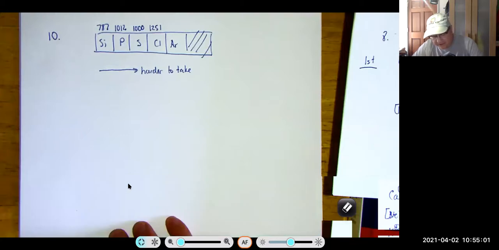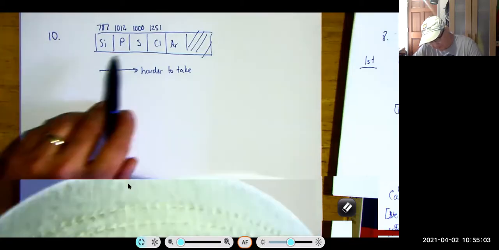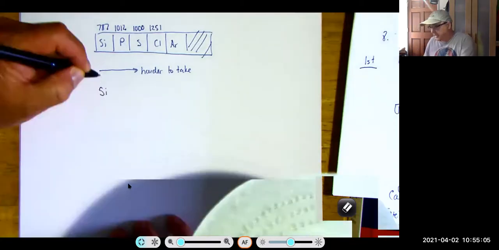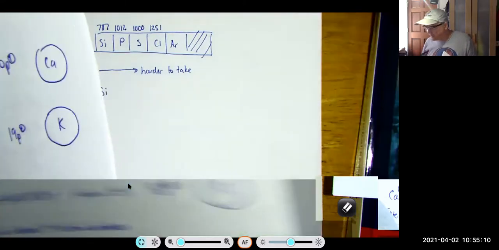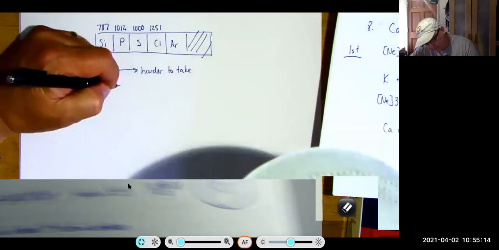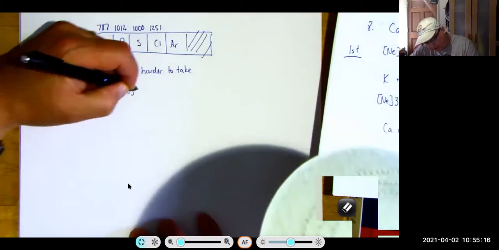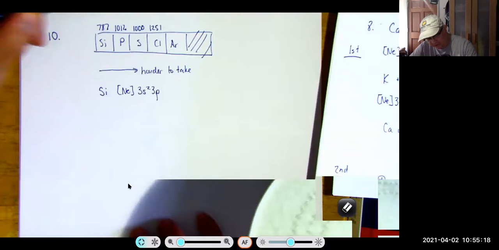So let's examine each of these one at a time. Silicon, I'm going to go ahead and use the noble gas configuration. So that's going to be neon 3s2, 3p2.